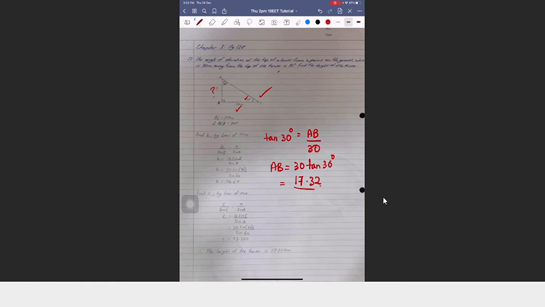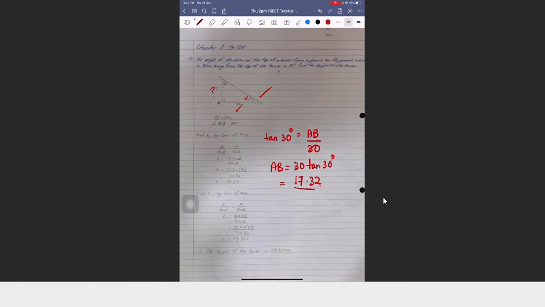Now let me just read the question again. Sorry, I think something is not quite right here. The angle of elevation of the top of a tower from a point on the ground, which is 30 meters away from the top.